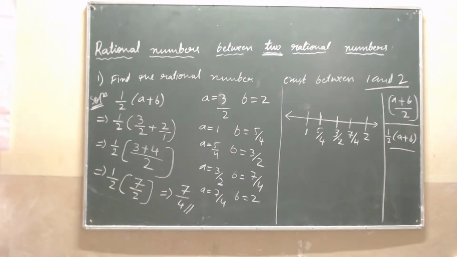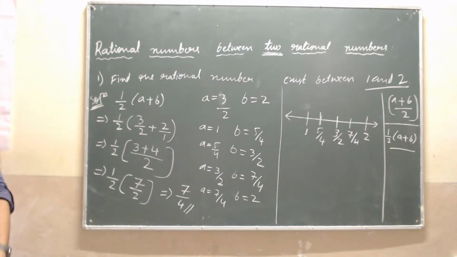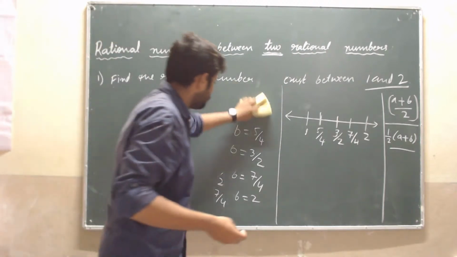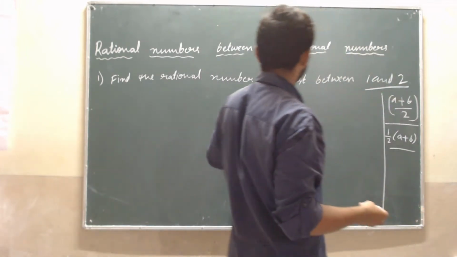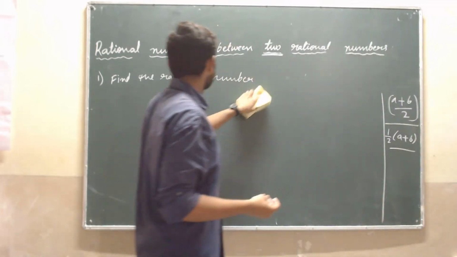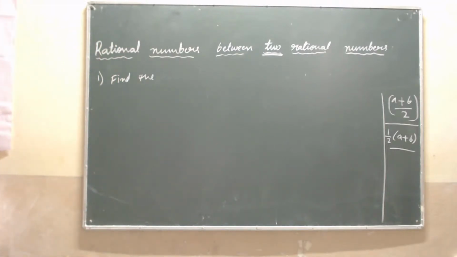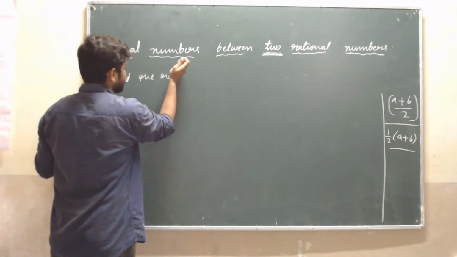Then move to the next example we have, that is, find any three rational numbers. Here it is given: find any three rational numbers.